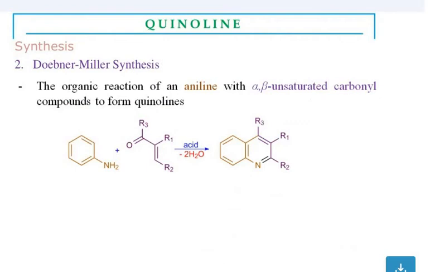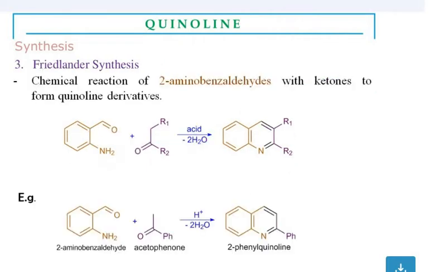Now, Doebner-Miller synthesis. It is the organic reaction of aniline with an alpha-beta unsaturated carbonyl compound to form quinolines. You can see the aniline, and you can see something like acrolein. This is an alpha-beta unsaturated ketone. It will give your cyclized product. Now, Friedlander synthesis.